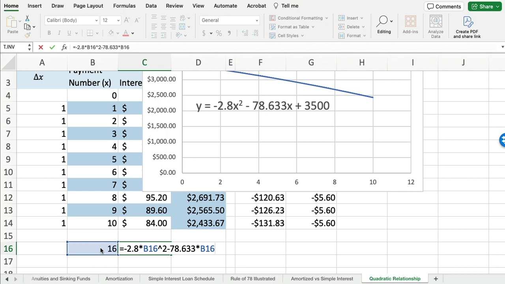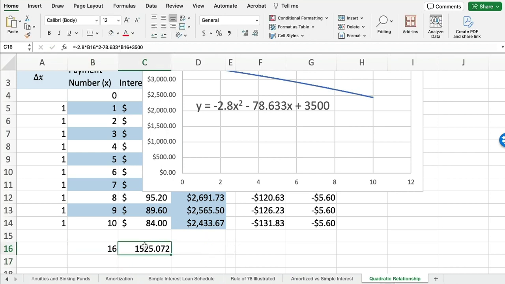And then add to that 3,500. Okay? So that's what the equation tells me to do. Take negative 2.8, multiply by my x squared, x to the power 2, and then subtract 78.633 times our value of x plus 3,500. And the value of x, I'm referring to the cell B16 each time.